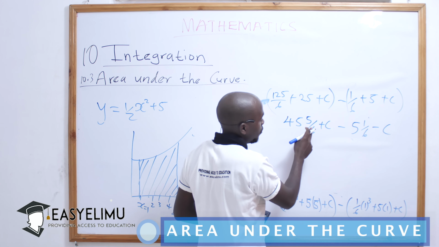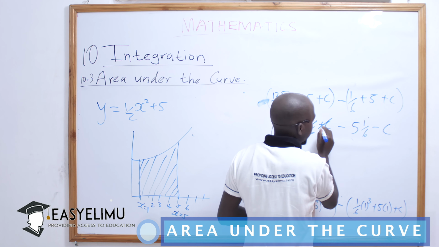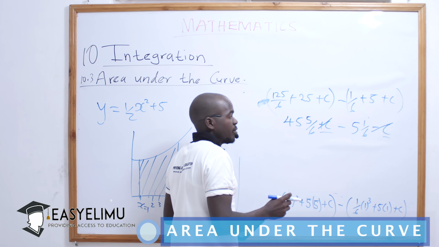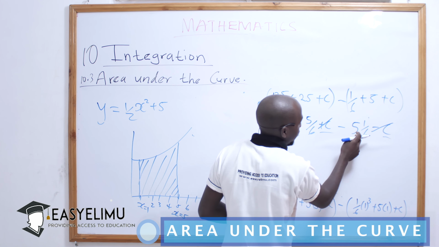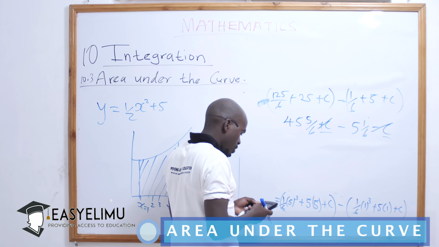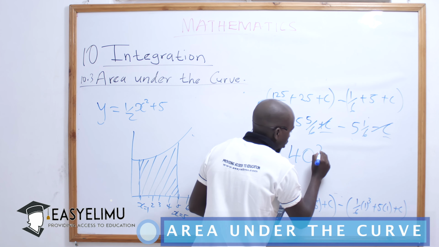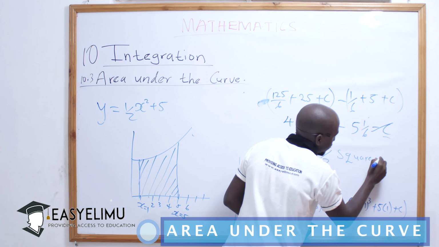The plus c and minus c cancel out because they subtract each other, and then 45 5 over 6 minus 5 1 over 6 gives us 40 and 2 over 3 square units.